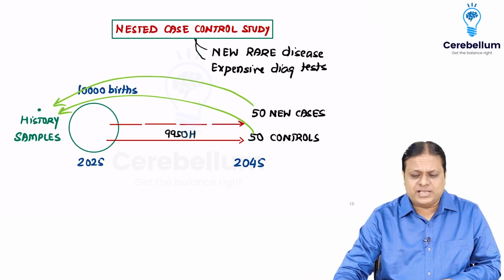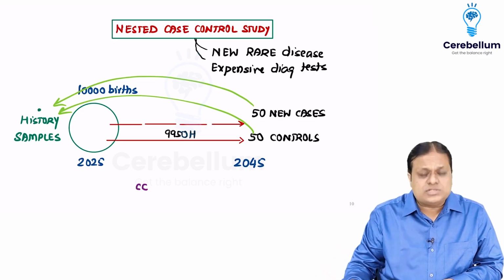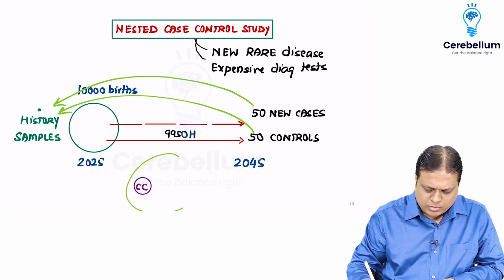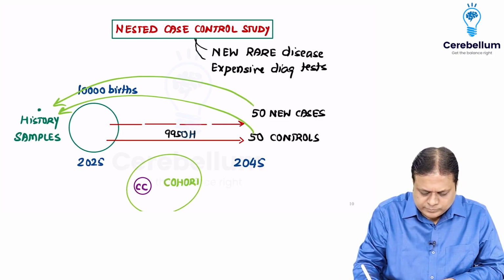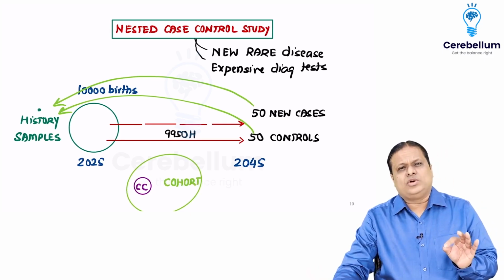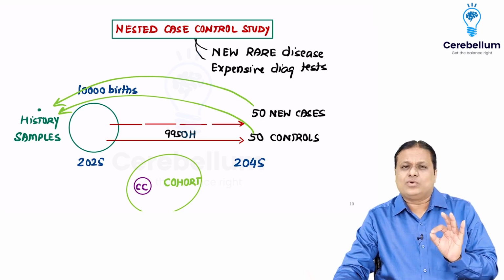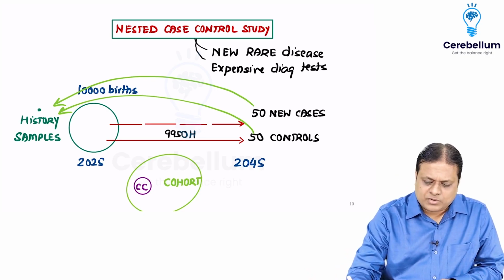This is a nested case control study, where a small case control study is nested in a big cohort study. So 10,000 births for 20 years is the big cohort study, and a small case control within that has only 50 cases and 50 controls. A nested case control study is definitely cohort plus case control study.